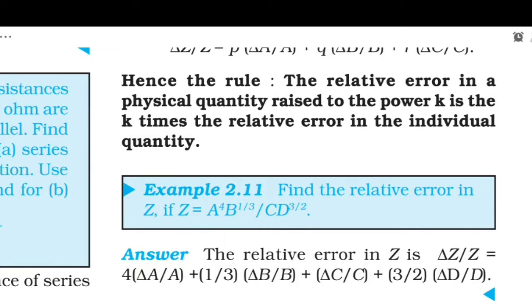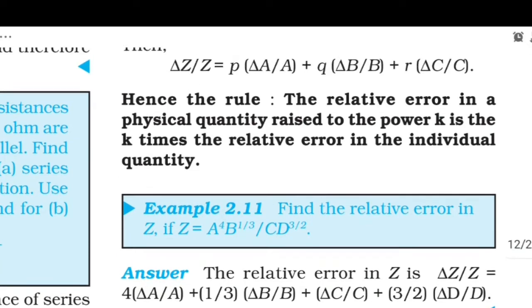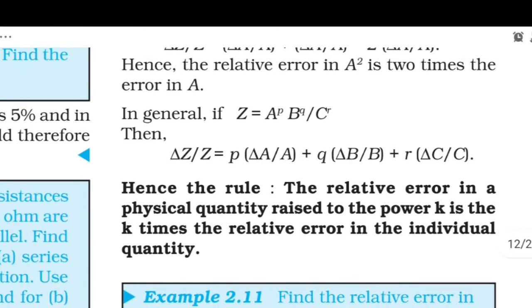So if we write a physical quantity as Z equal to A raised to K, then delta Z by Z will be equal to K into delta A by A. That's what the rule says. In here also some example is given: Z equal to A raised to P, B raised to Q by C raised to R.